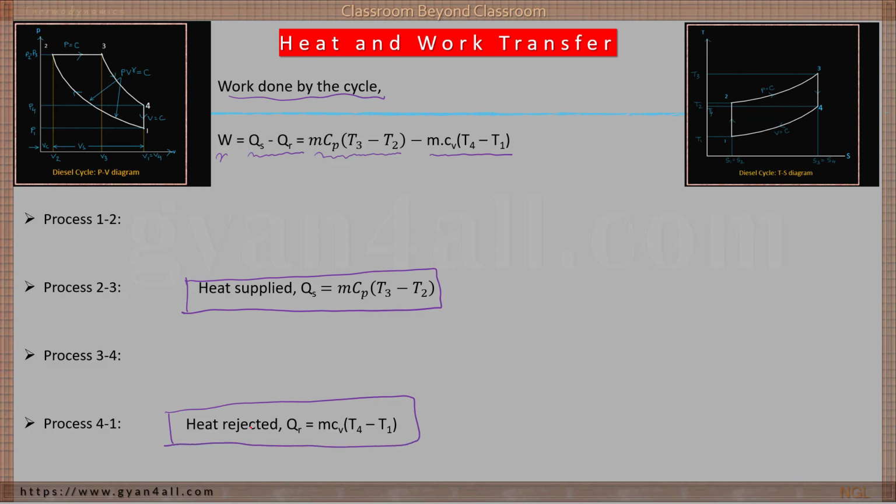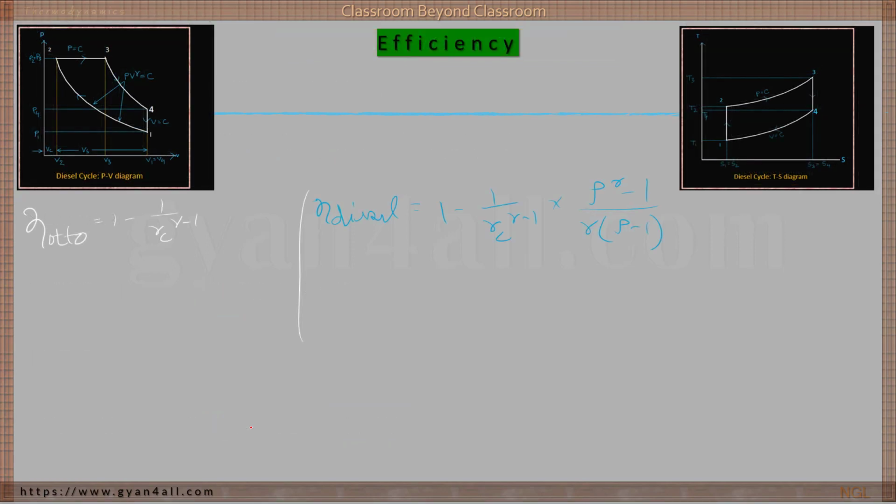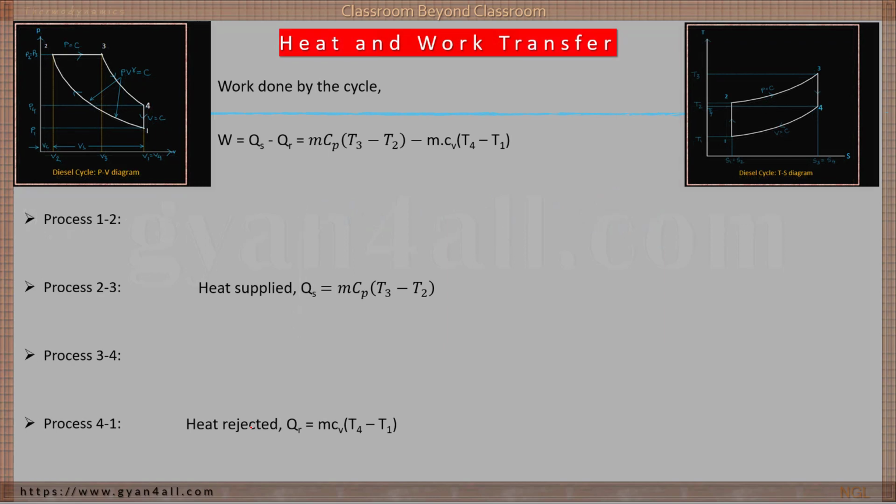There is no heat interaction during the other two processes, 1-2 and 3-4, because those are adiabatic processes, so no heat interaction takes place. We will proceed with these two heat interactions, from which we can find the net work output as well as the efficiency.